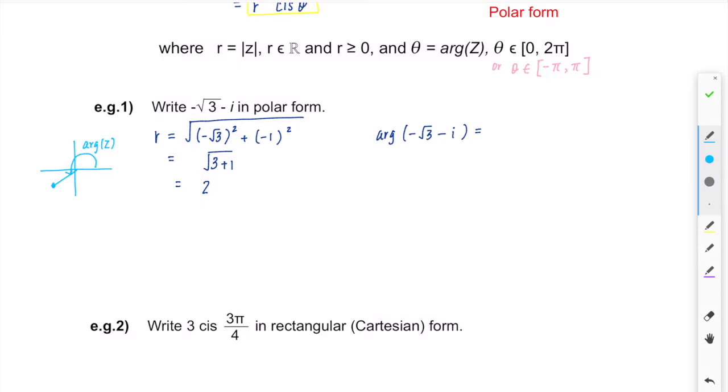So we'll be looking at pi plus the arctan of 1 over root 3. So 1 over root 3, we have pi over 6.